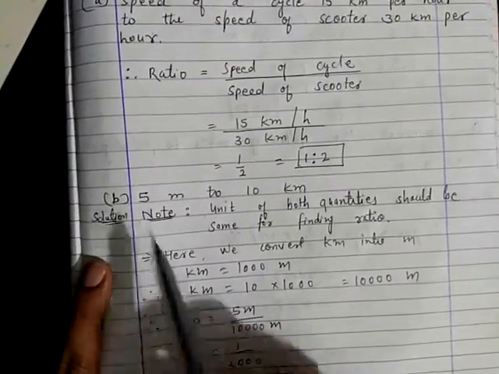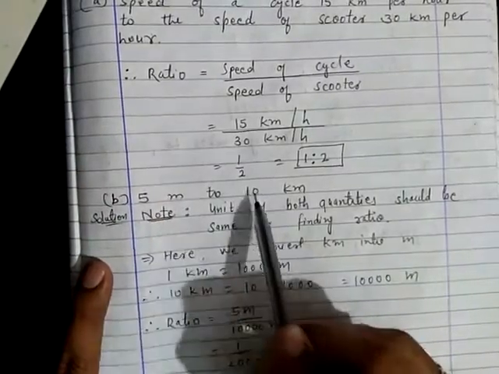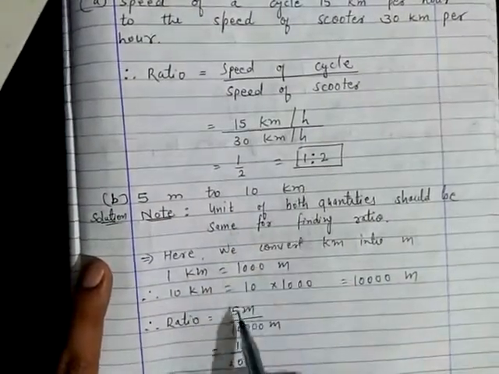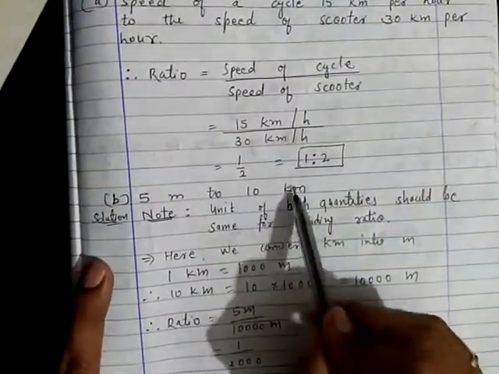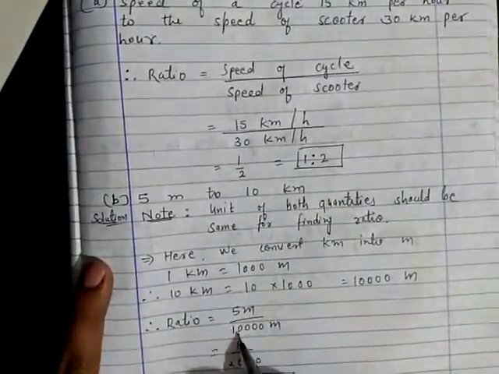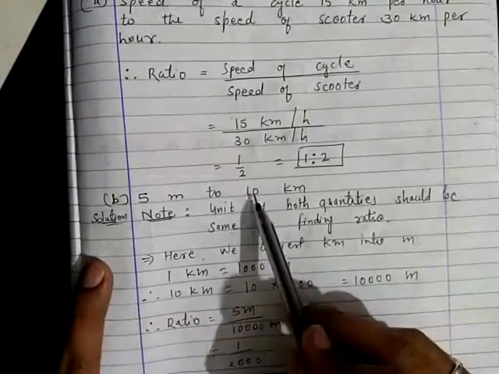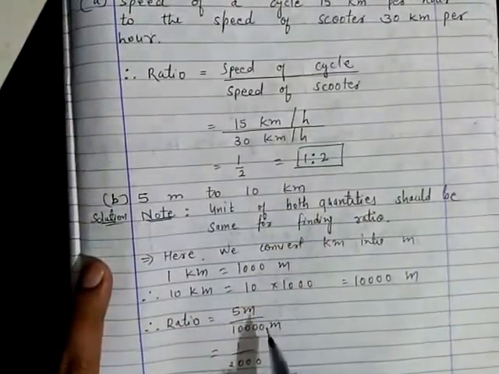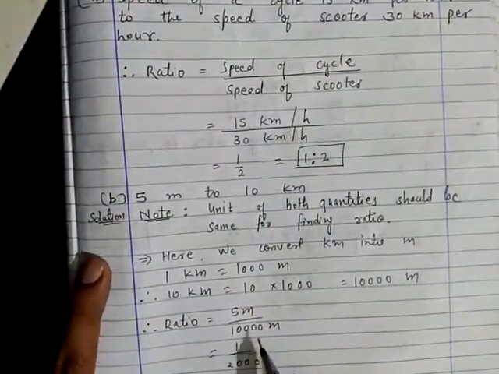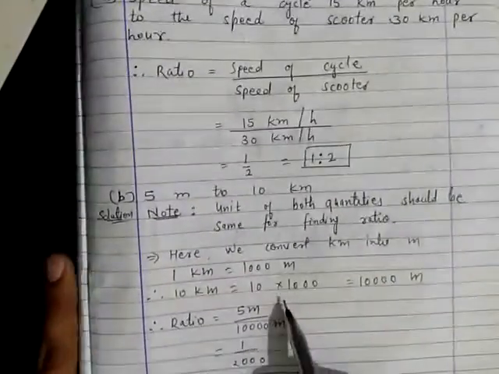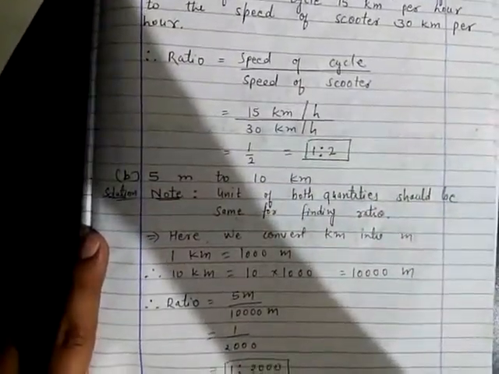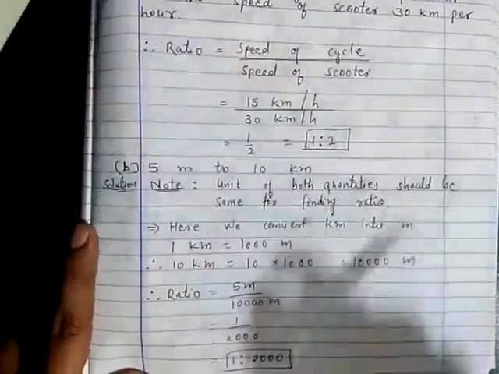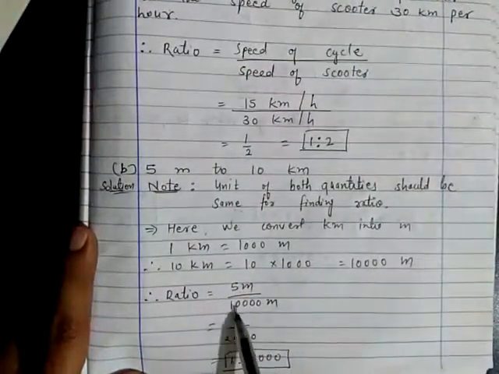So ratio is equal to 5 meter upon 10 kilometers. Instead of 10 kilometers, we write here 10,000 meters. We converted 10 kilometers into meters. Understood? So we write 5 meter upon 10,000 meters.